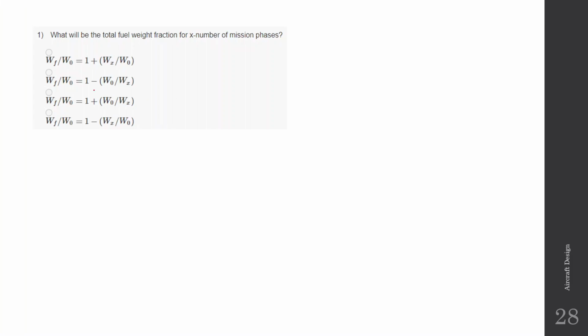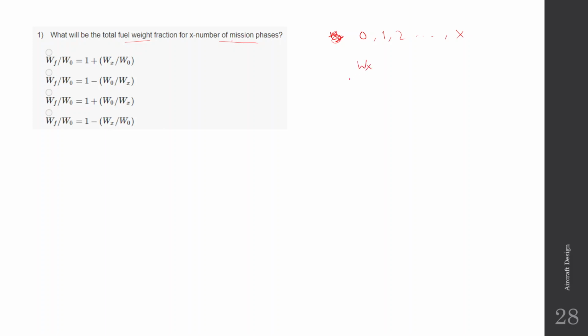Okay, now I will cover some short exercises. The first one is: what is the total fuel weight fraction for X number of mission phases? So we have done this now. The first phase is 0, then we have 1, 2, and then finally X. You remember what we did.